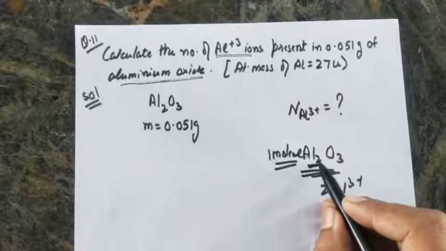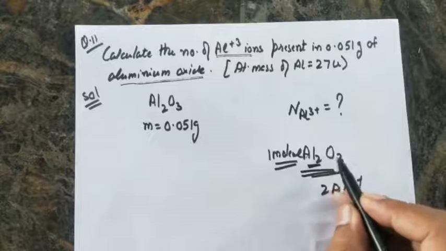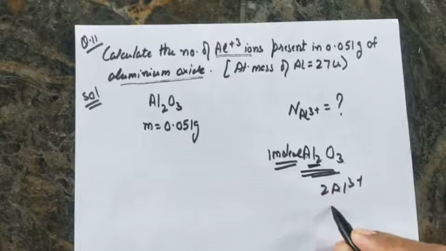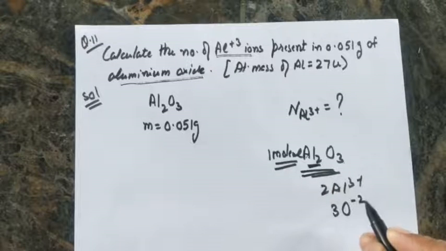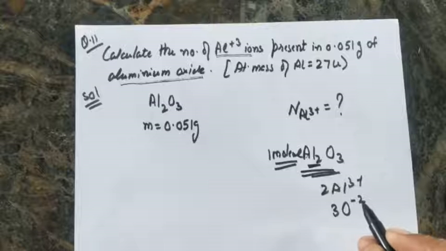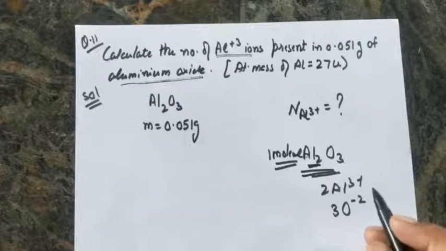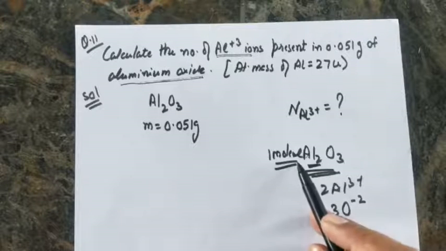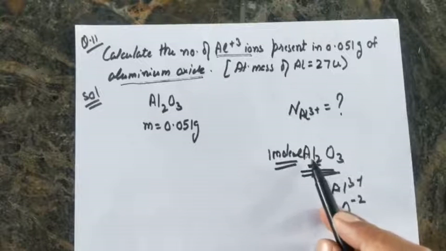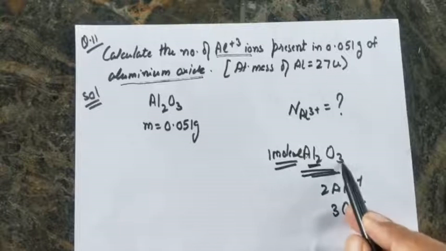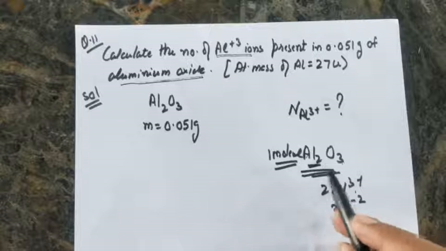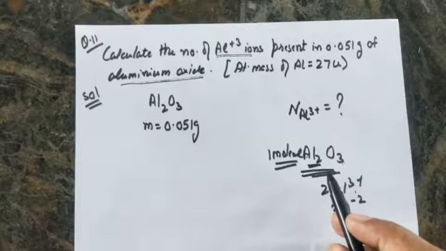They will be equal to the number of atoms. And similarly, there are 3 oxygen atoms. Therefore, in this case, there will be 3 oxide ions. Okay, number of ions are equal to the number of atoms. So from here, it is clear that for one molecule, there are 2 aluminium ions and 3 oxide ions. This is for one molecule.